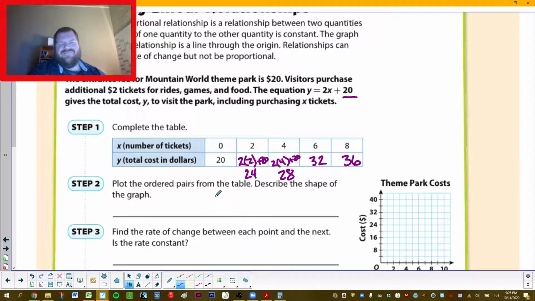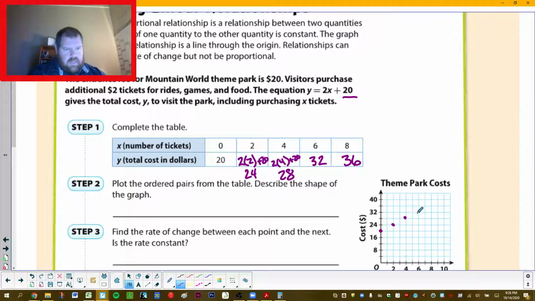Yeah, I did. Plot the ordered pairs from the table and describe the shape of the graph. At 0, it costs us $20. Each line is worth, it looks like 4 here. 4, 8, 12, 16, 20. 2 tickets costs us $24, so I'll get it. 4 tickets costs us $28.